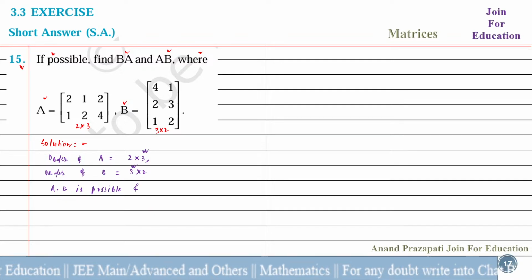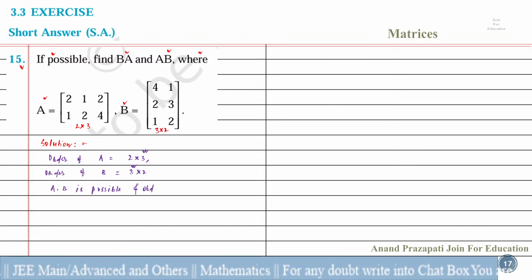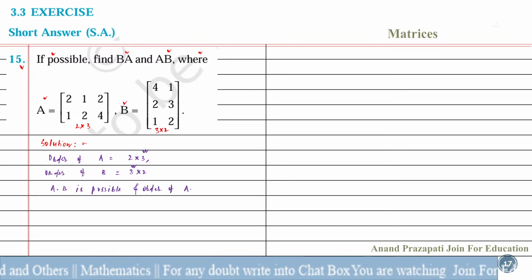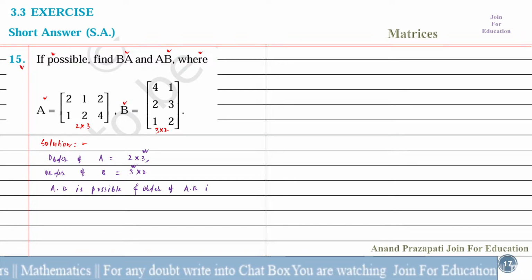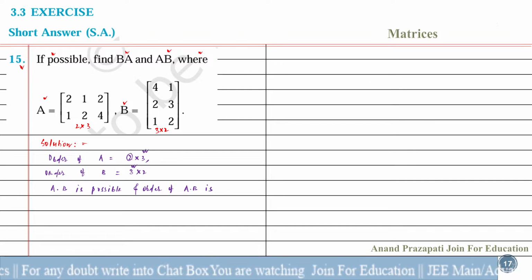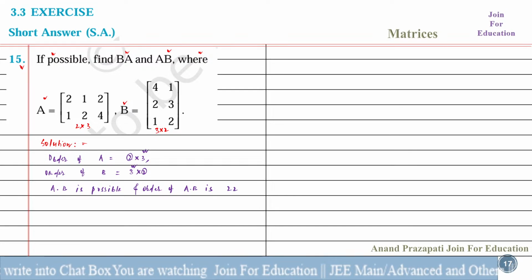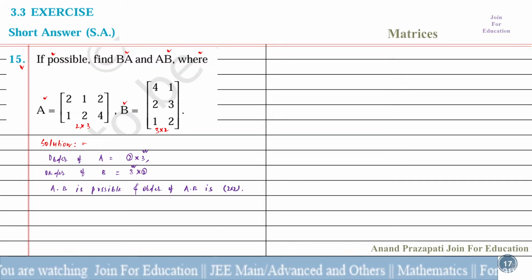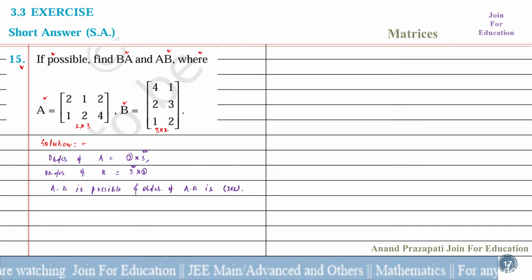And order of A into B is 2 by 2. So let's see first A into B.